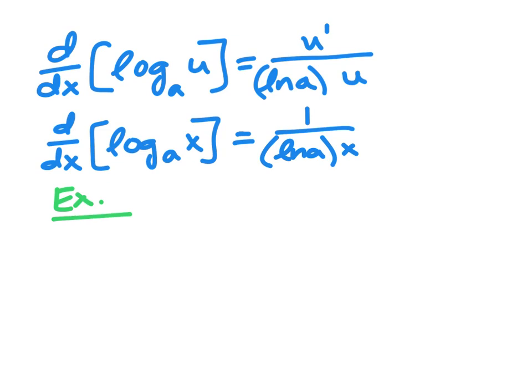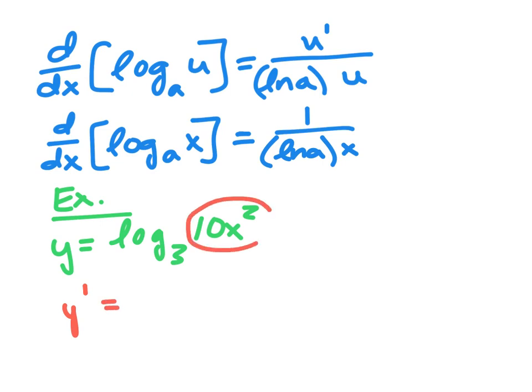So let's say that I'm looking at y is given as log base 3 of 10x squared. Then if I differentiate this, y prime would go to u prime, so my u is 10x squared.